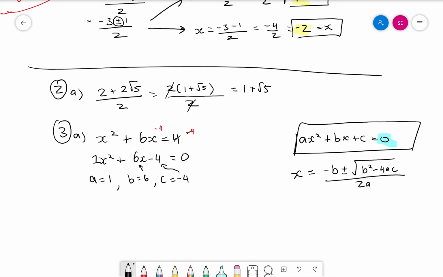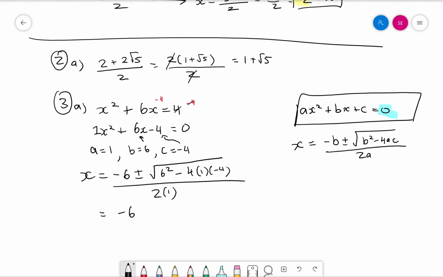So let's just chuck it in this quadratic equation. We've got x is equal to minus b, so minus 6, plus or minus square root of b squared, so 6 squared, minus 4ac over 2a.